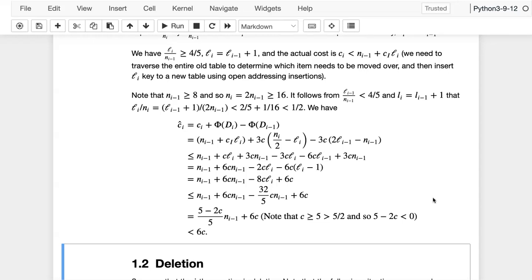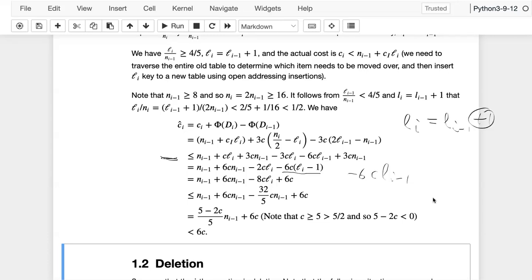error. So now we are going to look at this again. So we already saw, so this earlier will be minus 6C L sub i minus 1. So I change L sub i minus 1 to L sub i, because L sub i is equal to L sub i minus 1 plus 1.